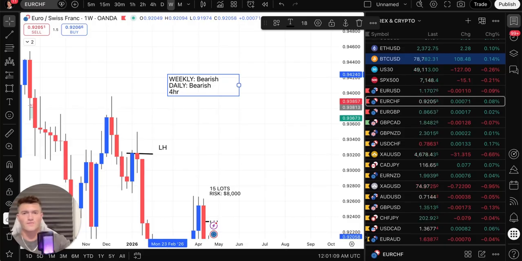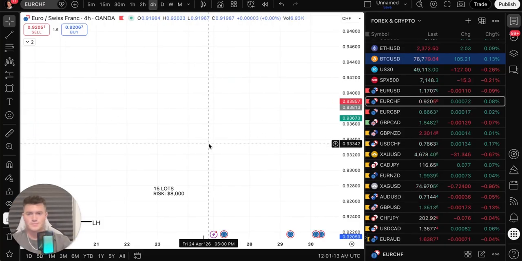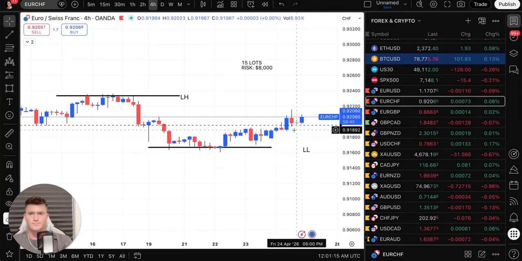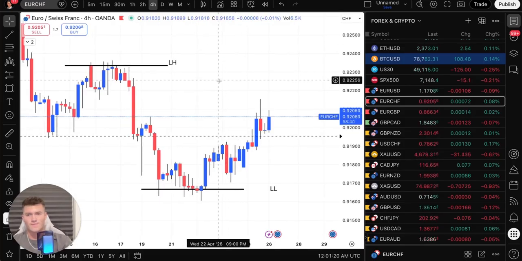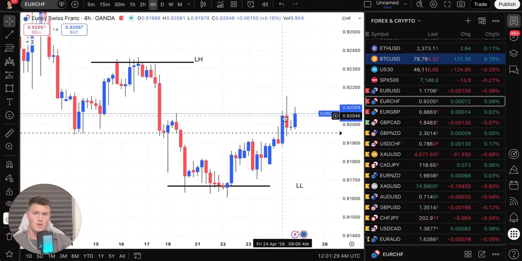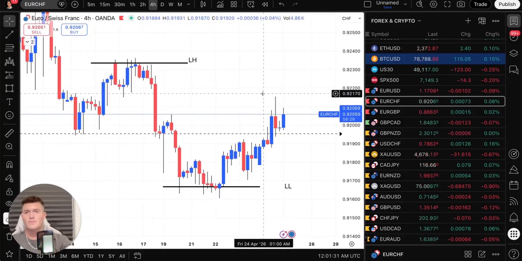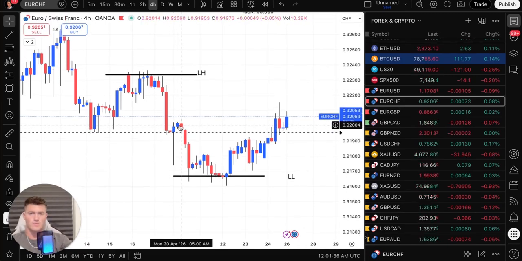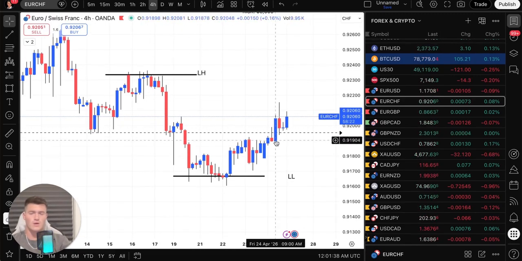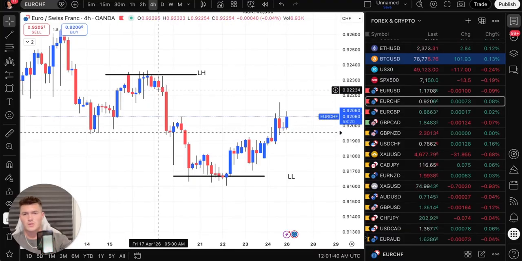All right, now let's look at our 4-hour time frame. The 4-hour time frame is bullish. 1, 2, 3, yep. Our 4-hour time frame is going to be bullish.